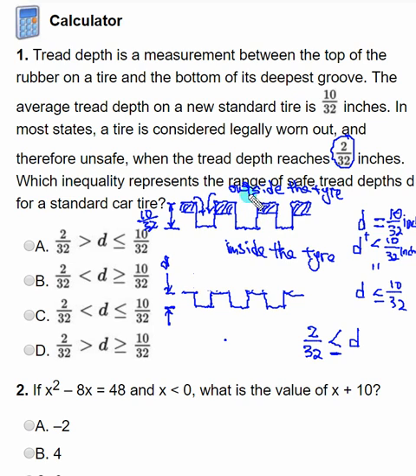So the question is asking for the range of safe tread depth. That means you cannot include 2/32 because 2/32 becomes unsafe. So if that's the case, you have to remove the equal sign. It has to be bigger than 2/32.